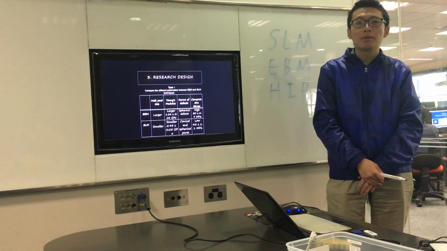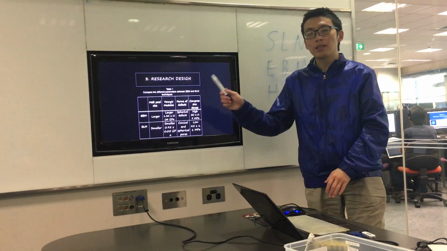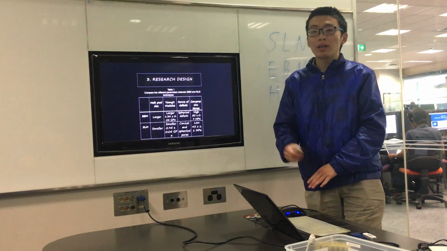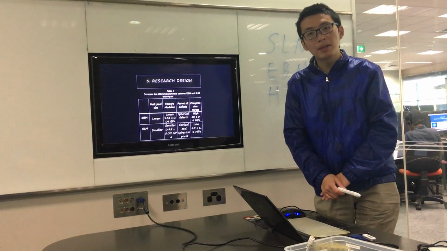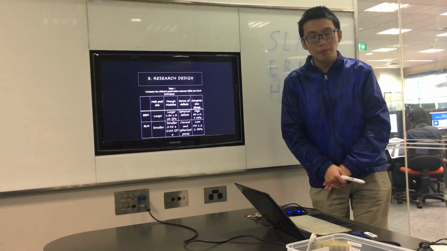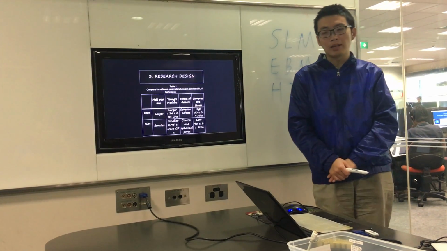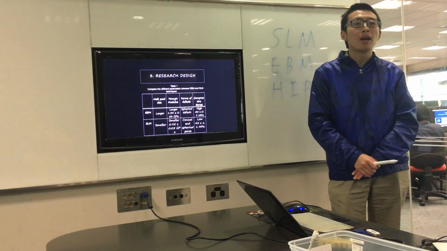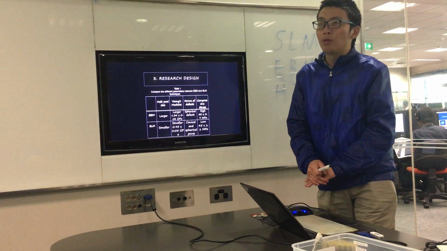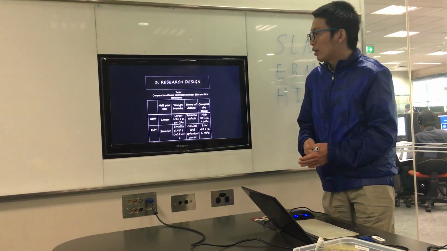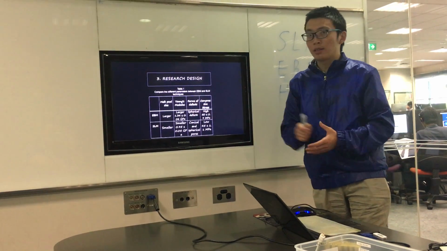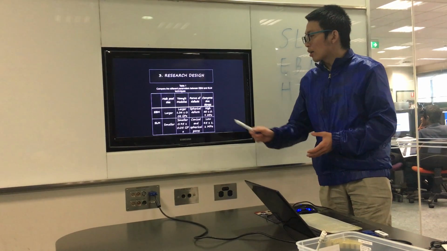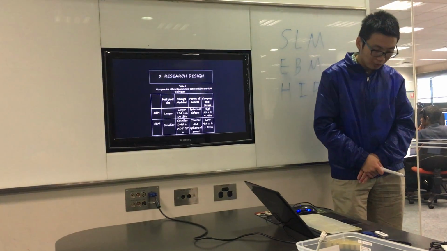Now let's move on to the most important part, research design. My design: Table 1 compared different parameters in EBM and SLM process. It compared 4 parameters in EBM and SLM process. They are melt pool size, Young's modulus, forms of defects, and compressive stress.